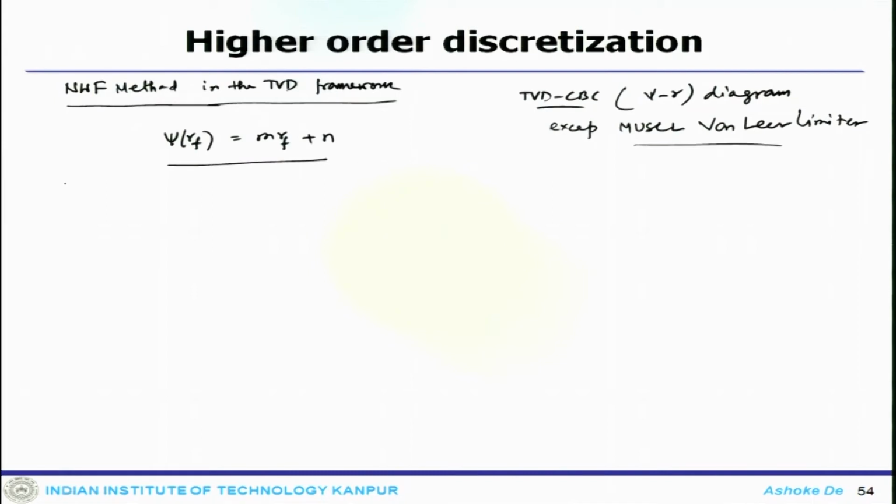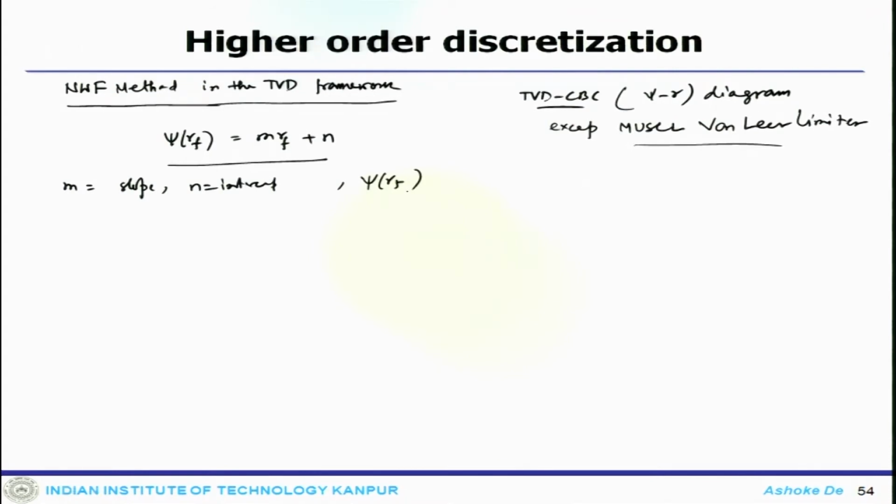Now, M and N are constants: M is the slope, N is the intercept of the linear function, and they depend on their geometric equations within an interval of psi RF. The number of intervals depends on the high resolution TBD scheme.